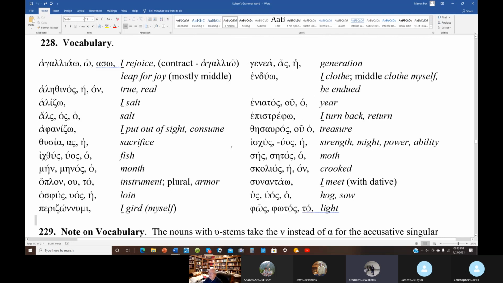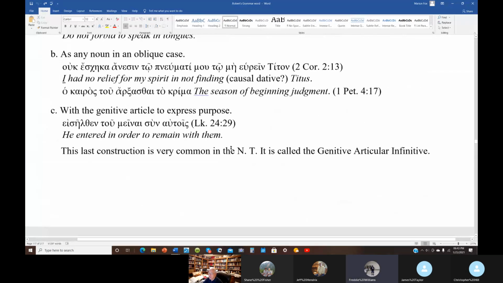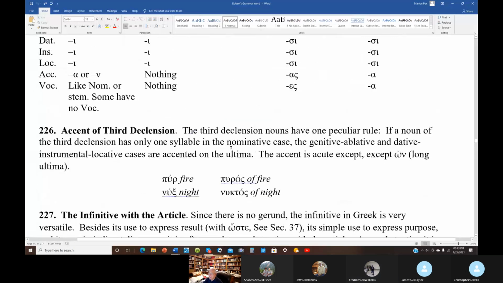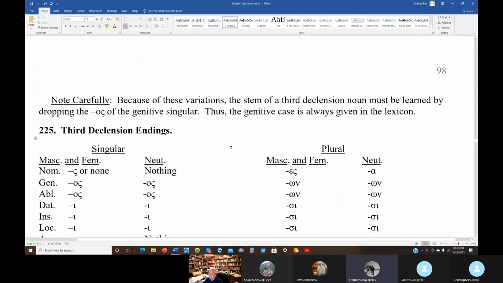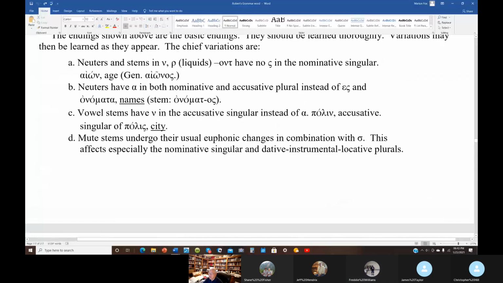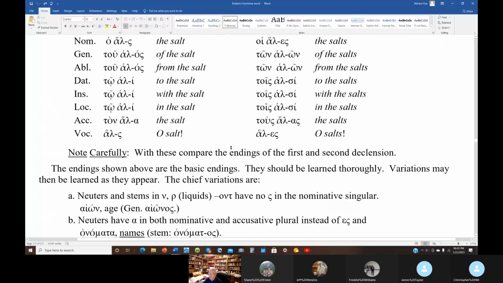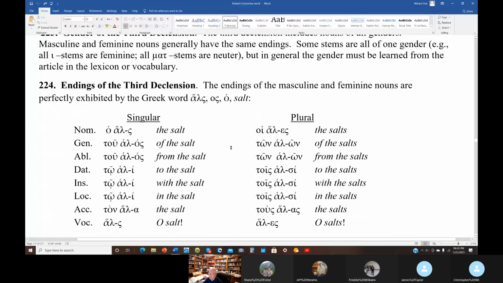Now let's go back up and look at one quick thing here. When we look at this, here's some of our words. Your third declension endings, and here's one of them. This is the word salt. And in this case, you notice it has a sigma here. There's your stem.